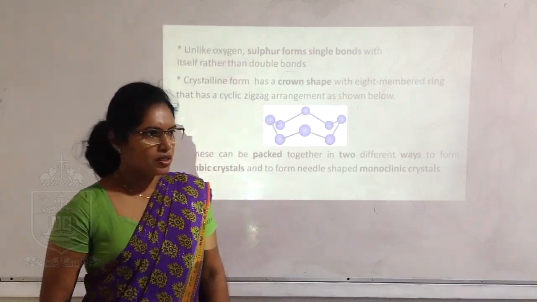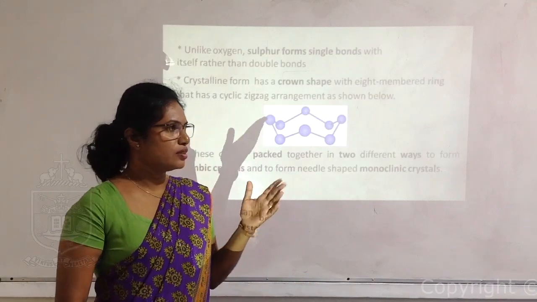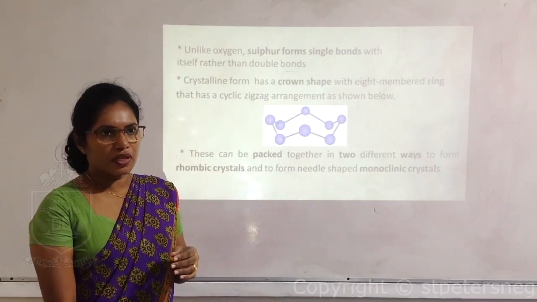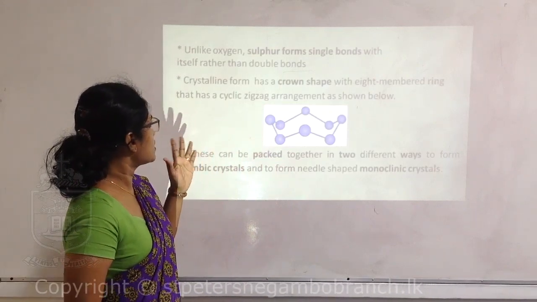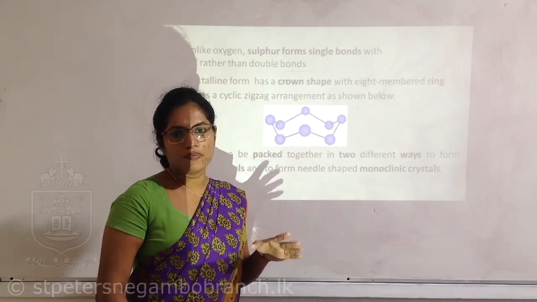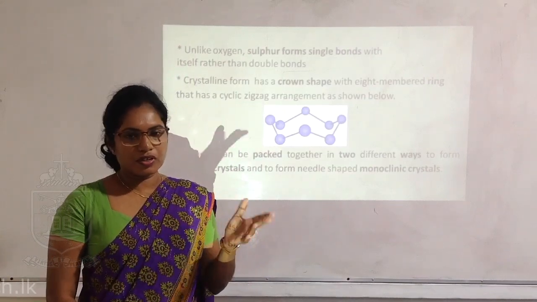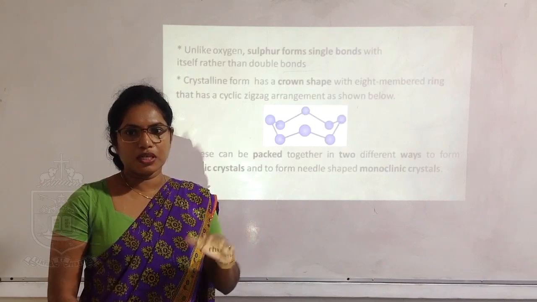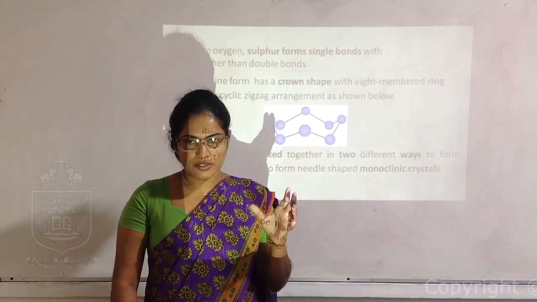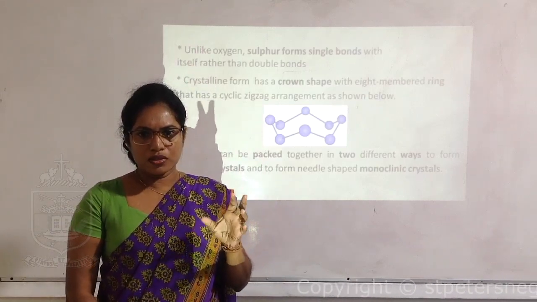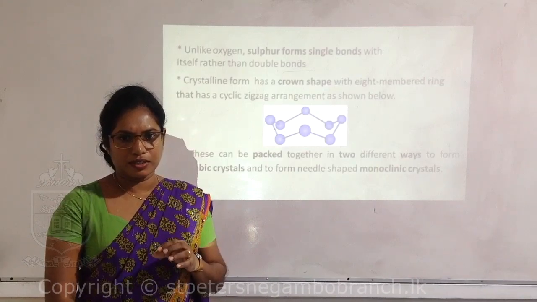Now we are going to consider why sulfur exists in these allotropic forms. Sulfur forms single bonds with itself. Not like oxygen, sulfur forms single bonds, and it forms the crown shape structure, a ring structure.